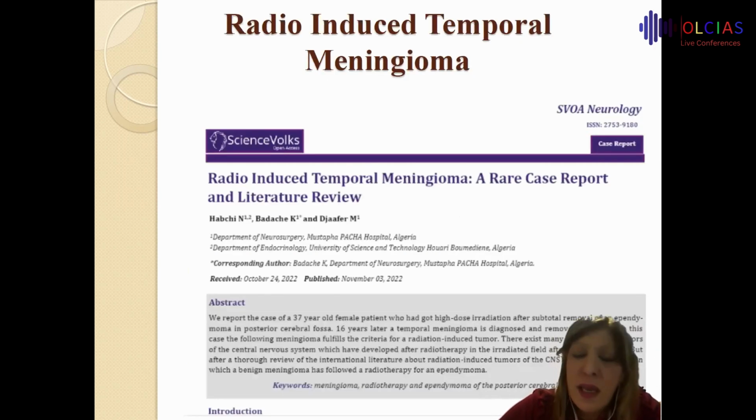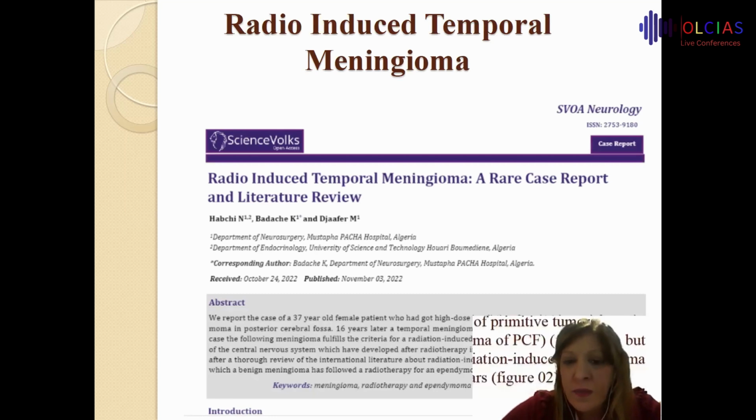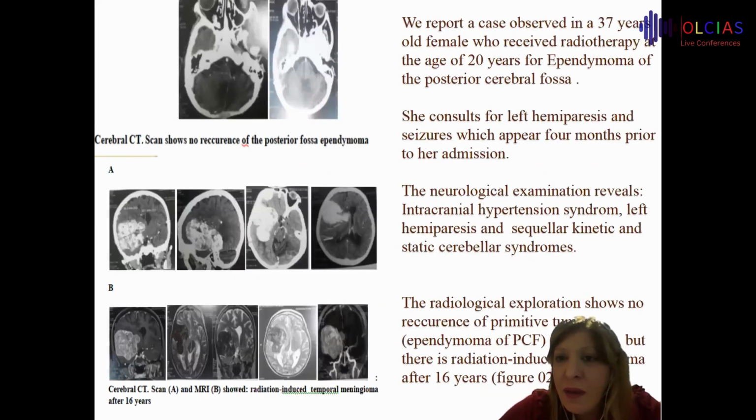The second case is radio-induced meningioma. This is an article published this year. Here we have one patient who received radiotherapy at the age of 20 years, for an ependymoma of the posterior cerebral fossa.